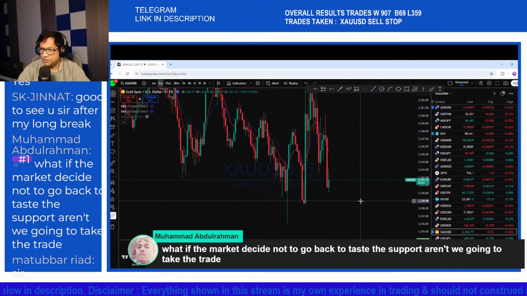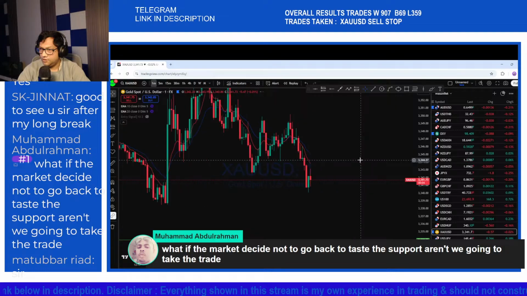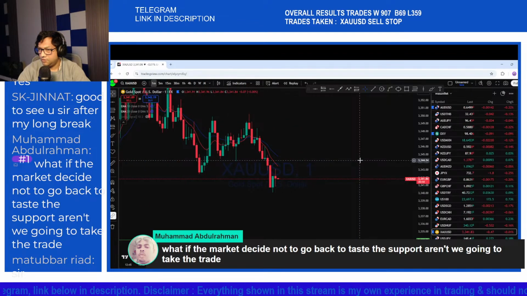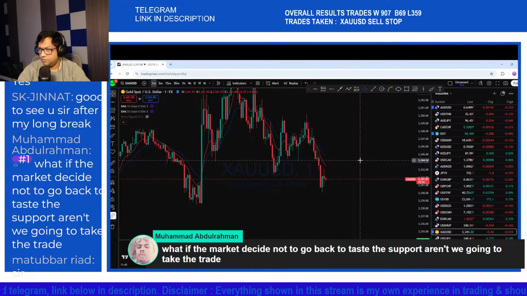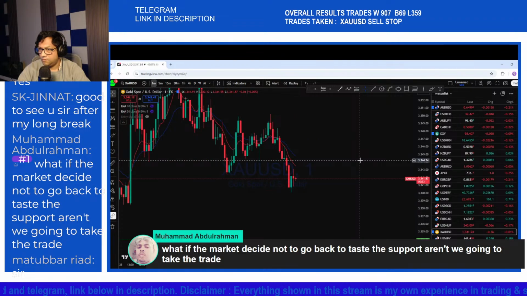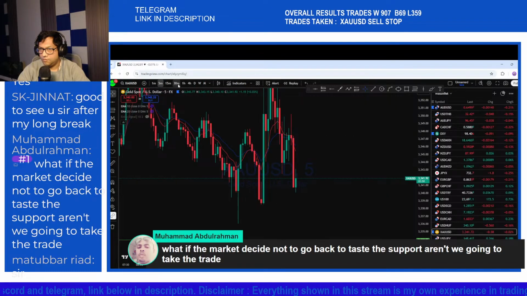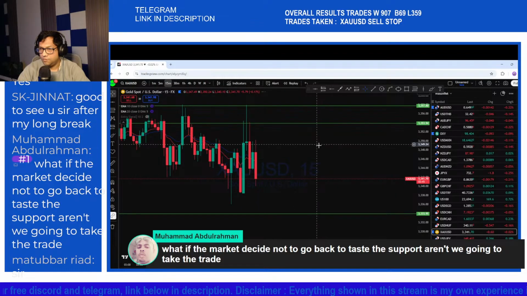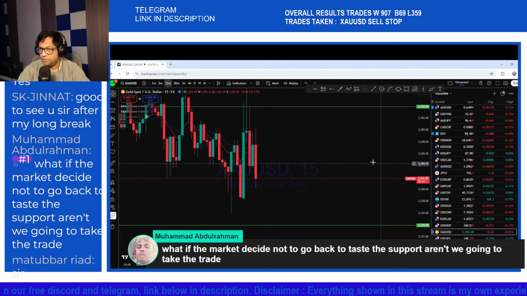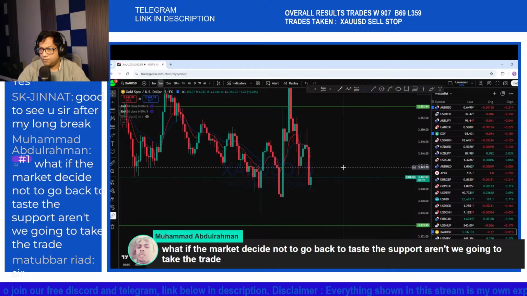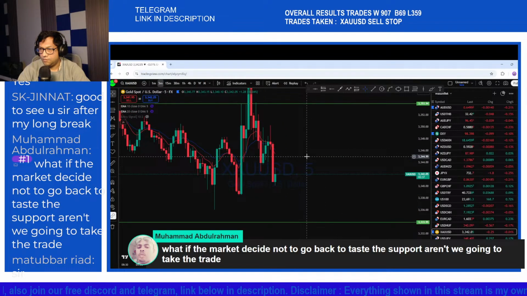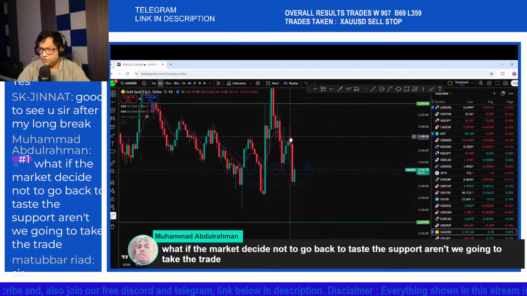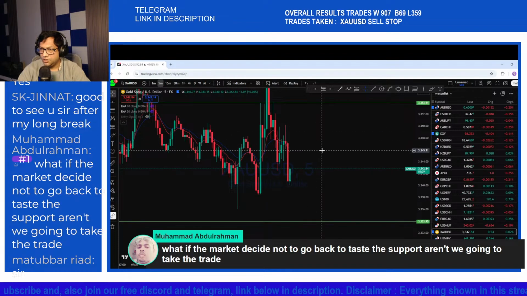And this is where, from here, we have this bearish doji.